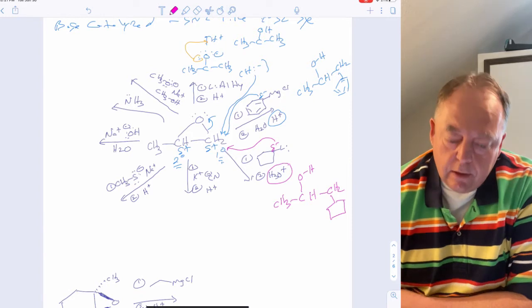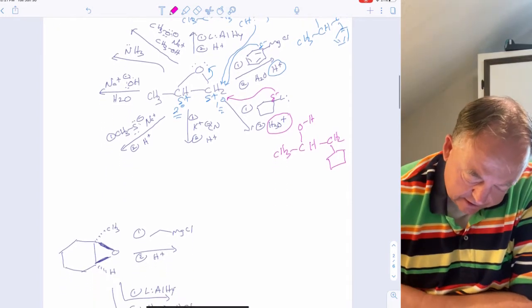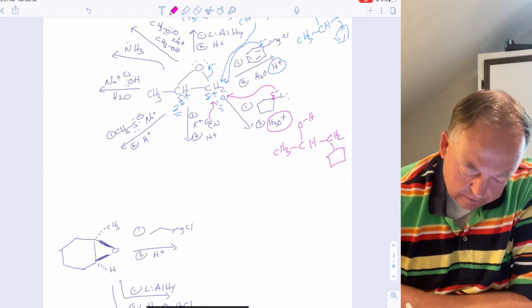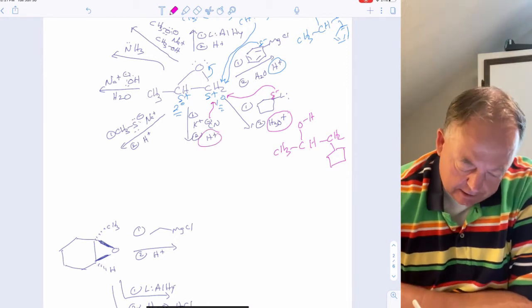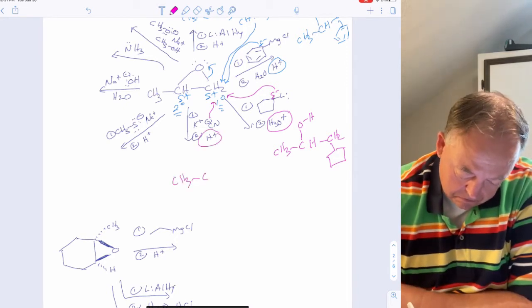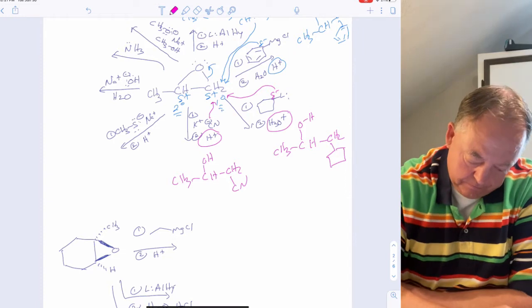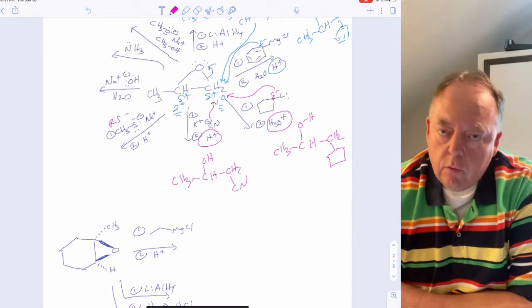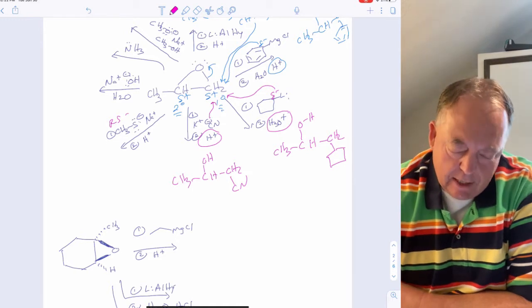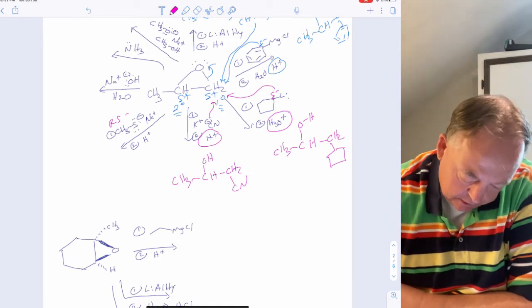So that would be your product, right? Or if it's CN-, so CN would attack this carbon, make an O-, which would pick up a hydrogen in the second step. Right, and that would be your product. Or if it's RS-, doesn't matter what the R group is, could be CH3 like it is here, it could be a 100 carbon chain.